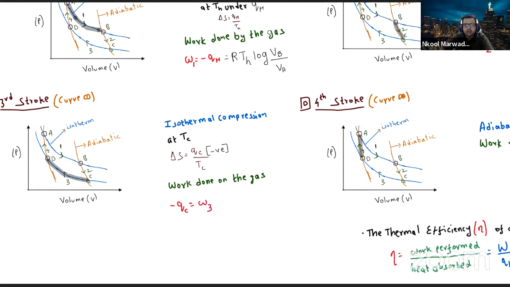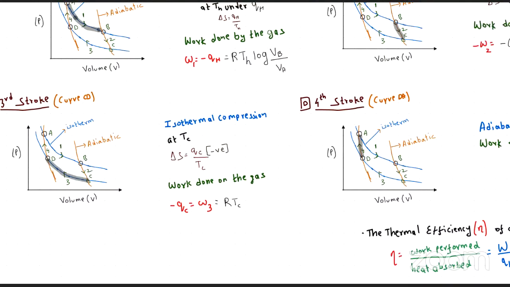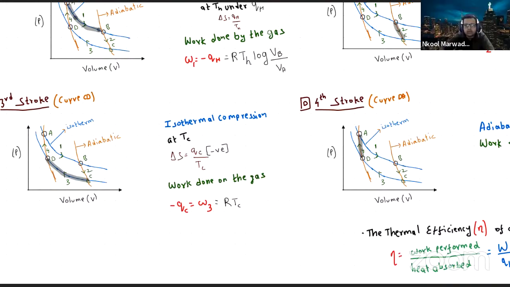And we have already seen earlier that in isothermal compression, the work done is RTC log VB by VA. Now it will be VD by VC, because the final volume for the third stroke will be VD, and the initial volume will be VC. So this was the third stroke.